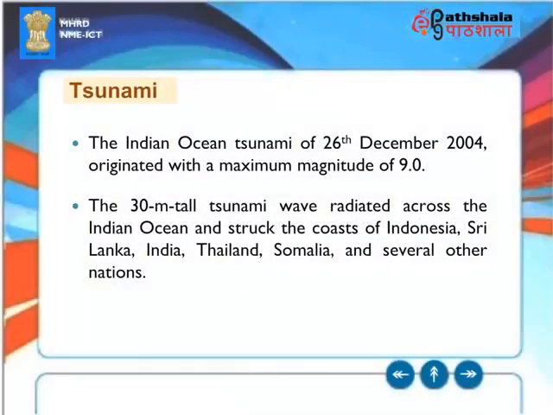The Indian Ocean tsunami of 26 December 2004 originated with a maximum magnitude of 9.0. The 30-meter-tall tsunami wave radiated across the Indian Ocean and struck the coasts of Indonesia, Sri Lanka, India, Thailand, Somalia, and several other nations.